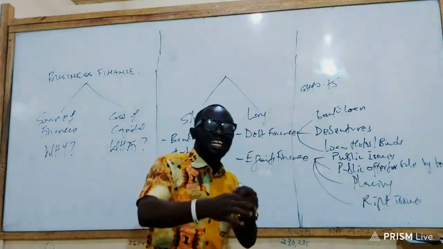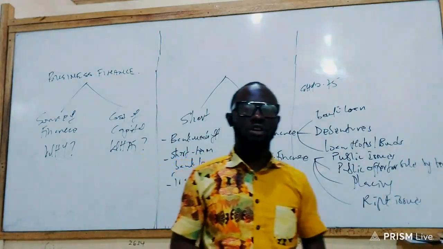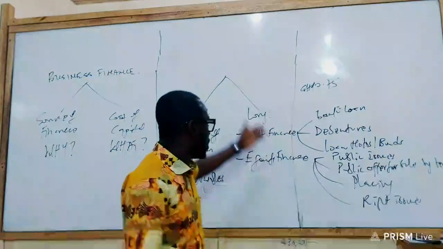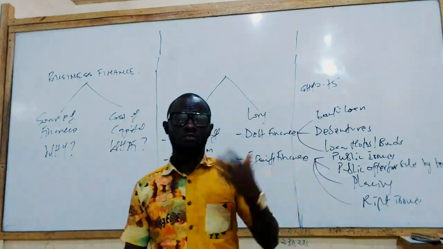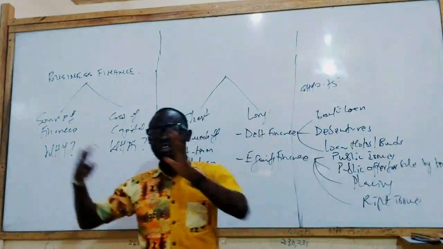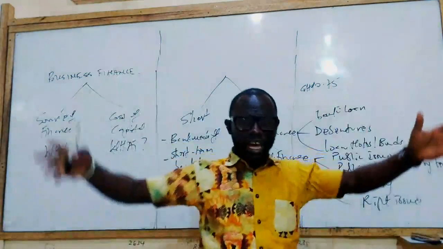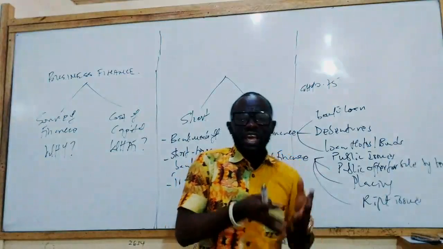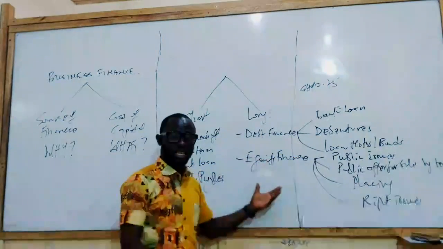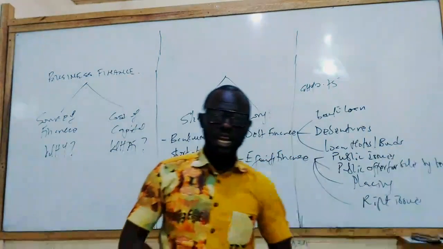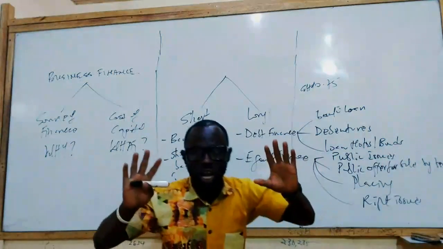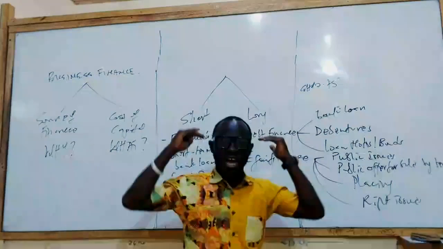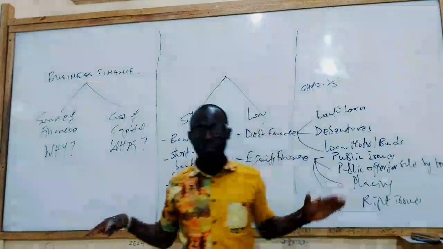So they did that to satisfy legal regulatory requirements, and not necessarily to raise finance, because the money that was actually raised from the issue of shares was used to finance other things. So really, it wasn't because they needed money, it was just to satisfy the legal regulatory requirements. So the first way a quoted company can raise money from shareholders is the public issue.